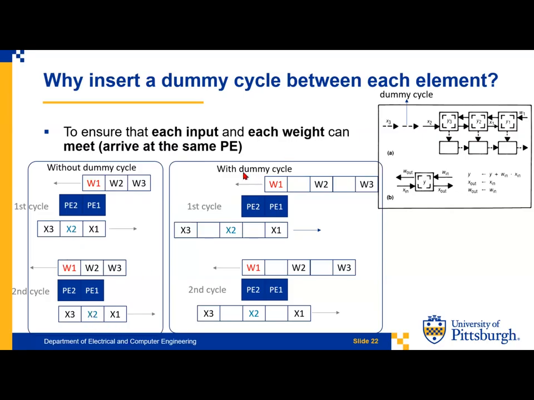If we have a dummy cycle here, at the first cycle W1 times X1, and at the second cycle W1 could do the multiplication with X2 in processing element 2. So that's why we need to insert a dummy cycle between each element.